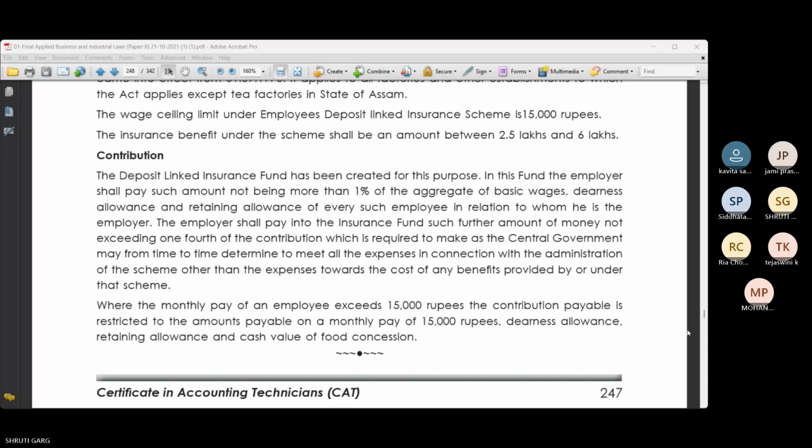Any other question? Basic wages, beta. Basic.